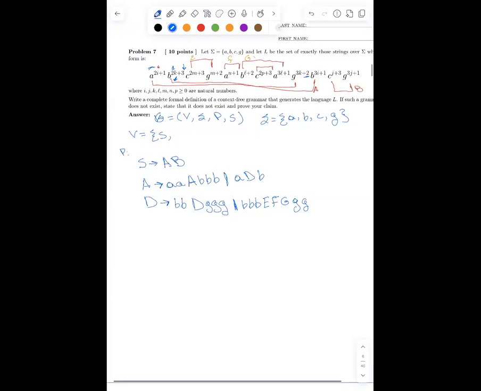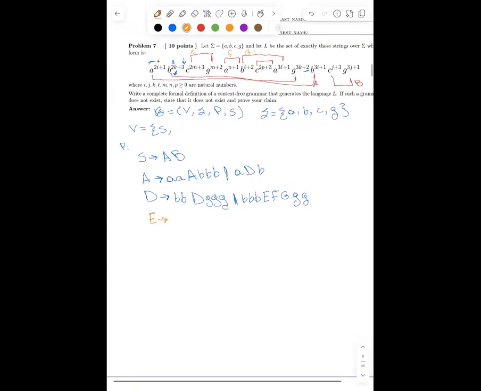Let's analyze our E now. I will write it with a different color so you can differentiate them. So for E, I see that I can start with two C's. Then I need again my E and one G, or I can have C's, three C's.